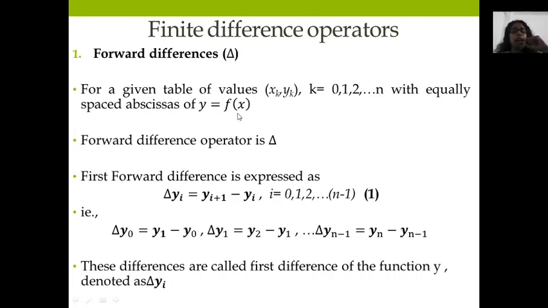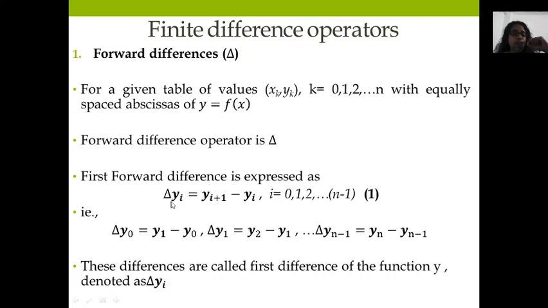That is what I had told you in the first slide, y equal to f of x, and y is varying from y0 to yn, and x is varying from x0 to xn. These x and y's are equally spaced. And the forward difference operator is delta, and we are going to express this forward difference operator.